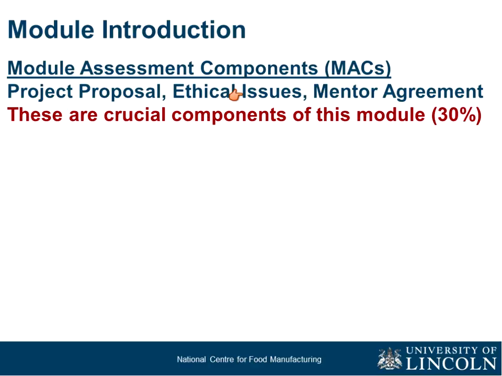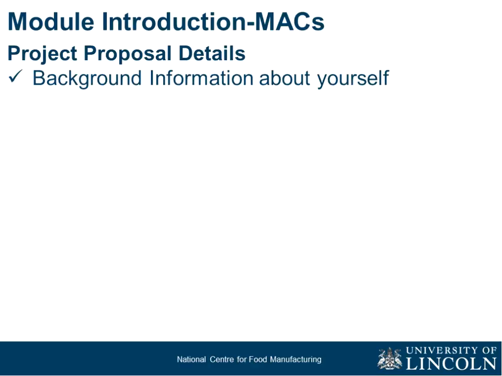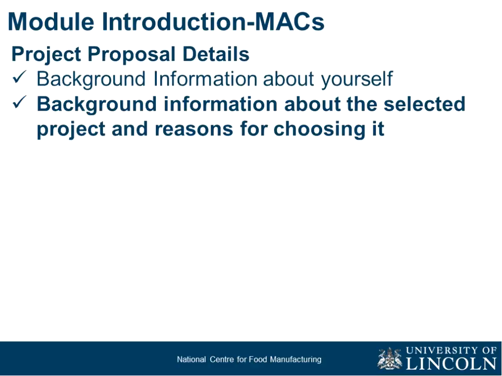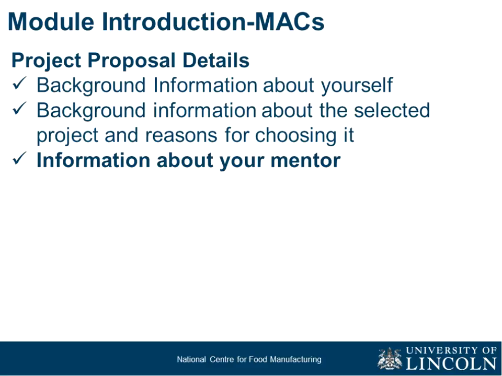So that's just 30%, and then I'm going to be talking more about the components of the project proposal, and to do them is very easy. It's all about following instructions. Now, what are the components? The background information about yourself, which I've shown you in the form. Background information about the selected project and reason for choosing the project. Information about your mentor.